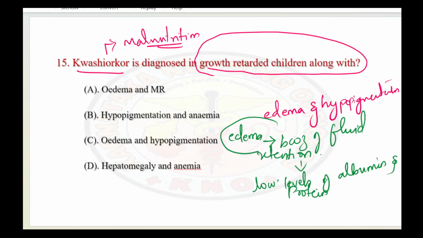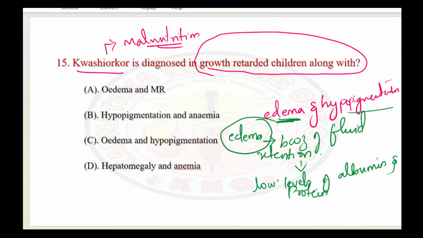That is why we are going to see edema: pedal edema, edema over the body, anasarca, what we call generalized body edema, everything is seen. But edema is happening because of fluid retention, and that fluid retention is happening just because of low levels of albumin and protein in the body. So edema is one such important feature in kwashiorkor.